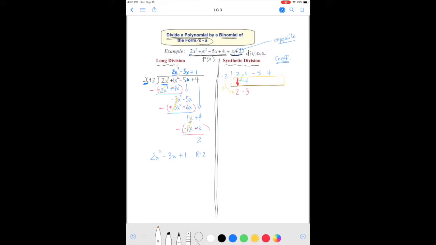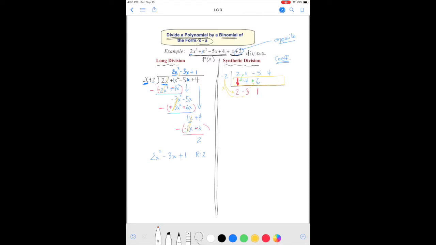Now we repeat this: this times that, and that goes up here. So we have +6. Then we add, so that gets us 1.